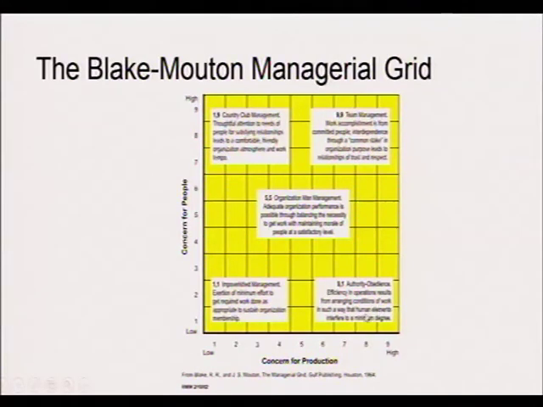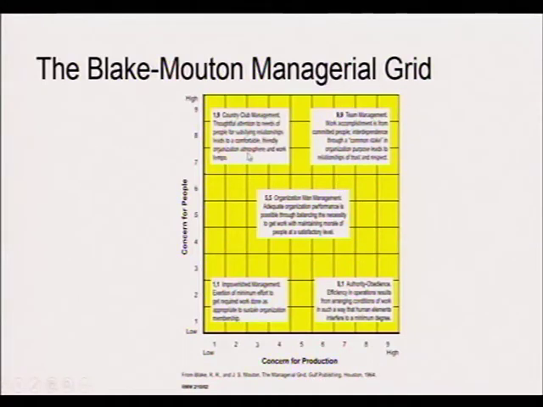Similarly, when you look at 9.1, which we call authority obedience, it has a high level of concern for production. And when you look at its opposite coordinate again, 1.9, the country club management has a high level of concern for people.